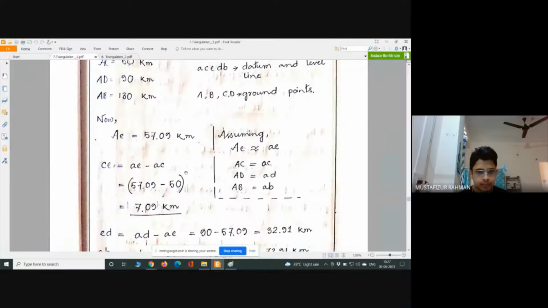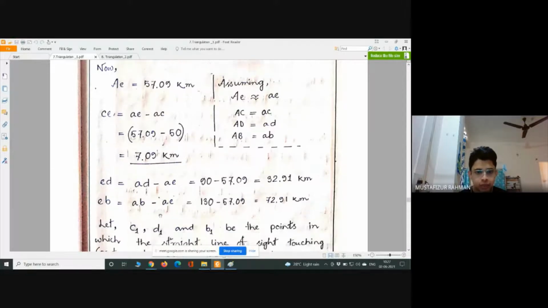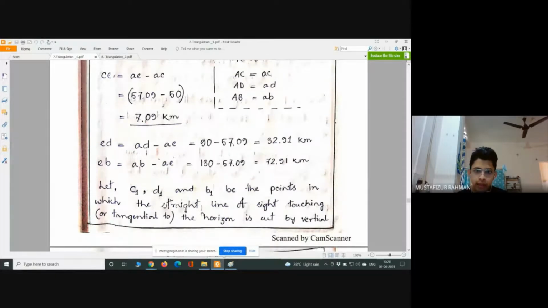So then after subtracting, we are finding out all the distances from the horizon. Okay, 57.09 minus 50, we got this distance from the horizon of C point. Similarly, we got the distance of the horizon from the D point and B point, right? Now, again, we will use our formula because these are distances from the horizon, the D in the formula.